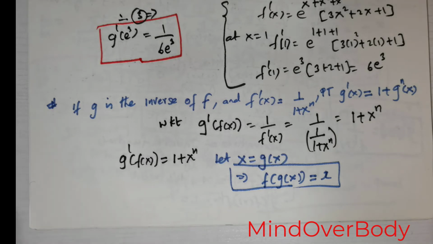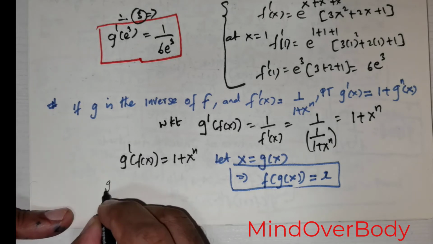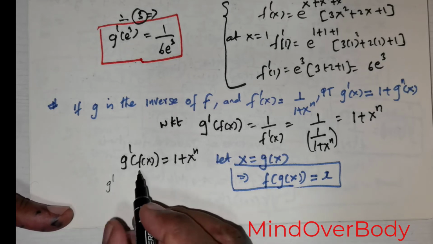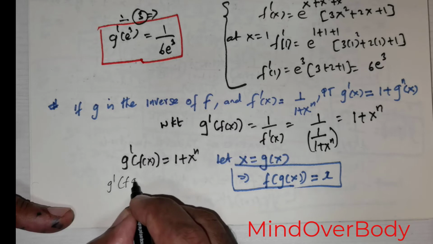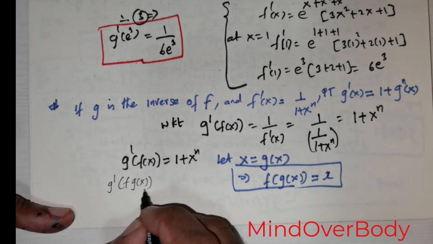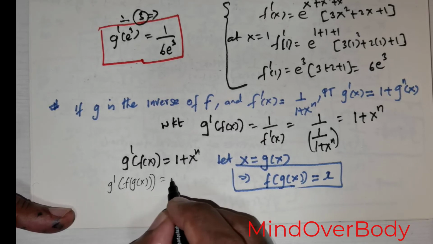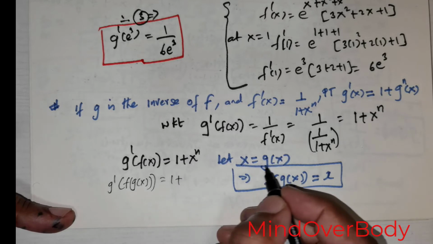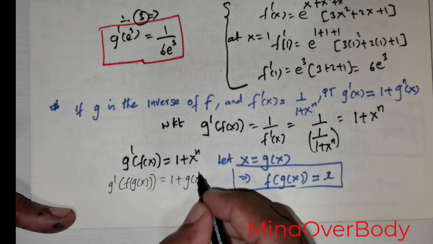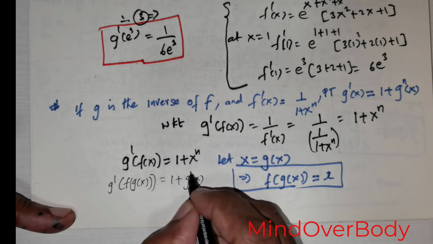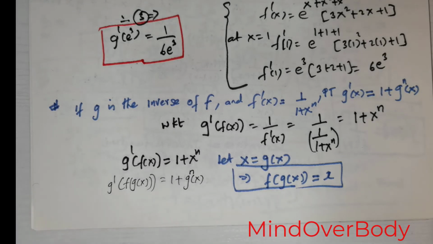Let me write that down, g dash of f of x. So f of, instead of x, is going to be g of x, and this is equal to 1 plus, x is g of x. So g of x, that's raised to the power of n, so I can write it as g raised to the power of n, like this.